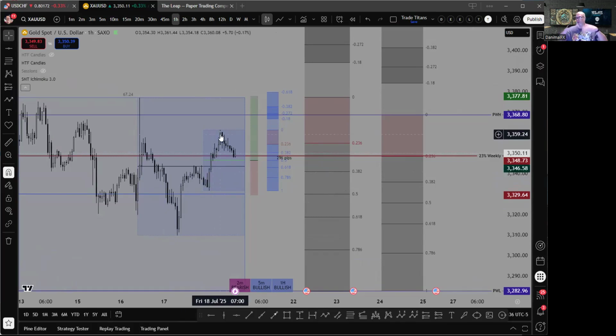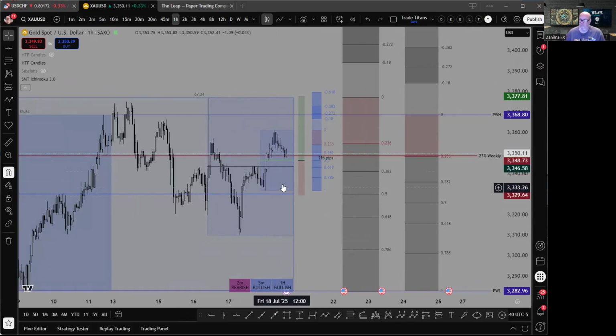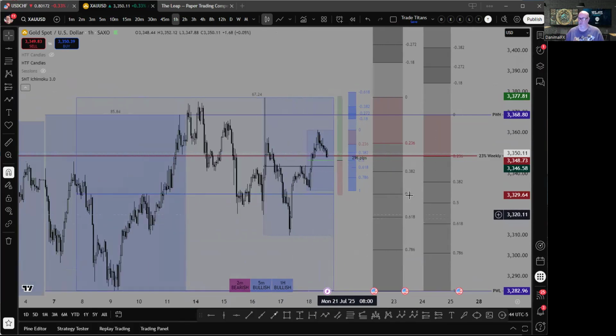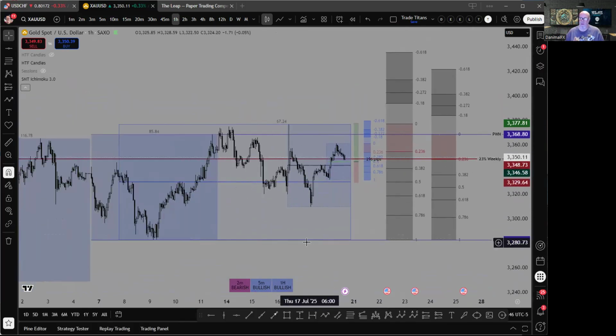So we're going to still have that configuration. However, it might also be the opportunity for the market to switch positions because at 204, it's still got a long way to go before that 204 midpoint line changes.